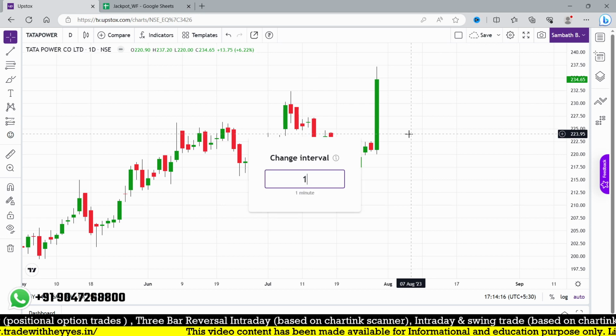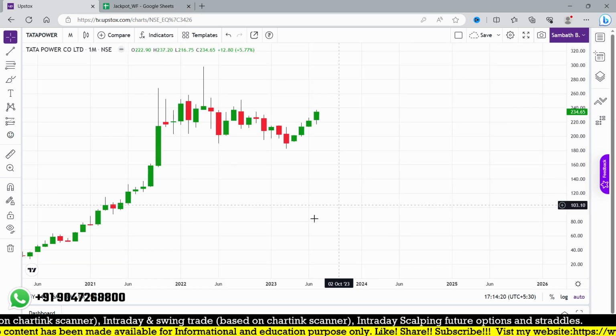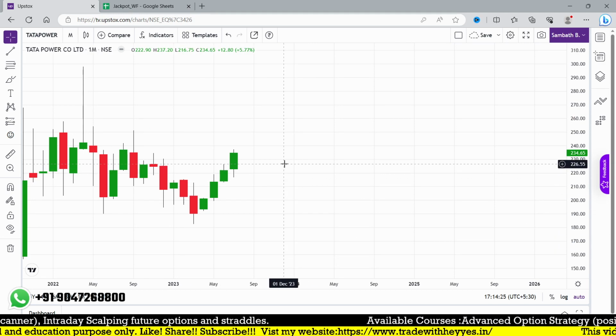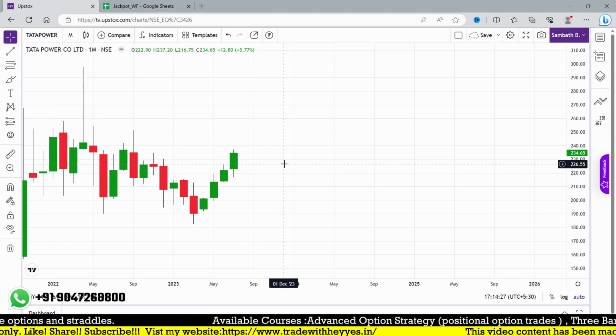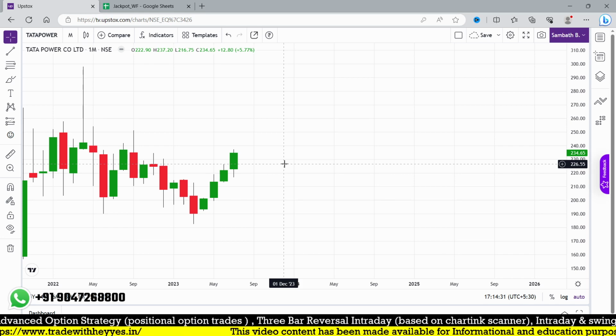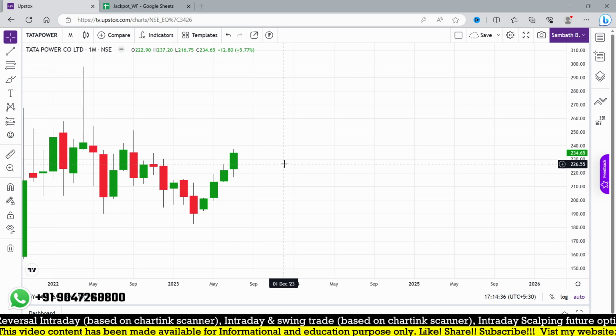If you are checking a monthly chart, it will show the monthly closing price as 234, not 220, because the expiry close is 220. Here it is showing 234. Even if tomorrow the stock decreases or increases, tomorrow's closing price will be the exact closing price of the month.